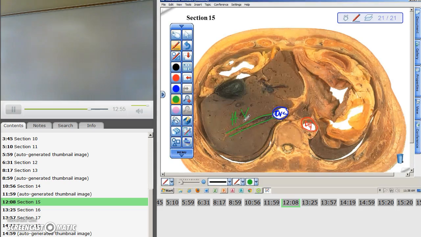The hepatic portal vein takes blood from several different vessels and brings it into the liver so the liver can filter it. And so here's our hepatic portal vein. Okay? So just remember the hepatic vein feeds into the inferior vena cava, and therefore, if you know where the inferior vena cava is, it's easier to identify.